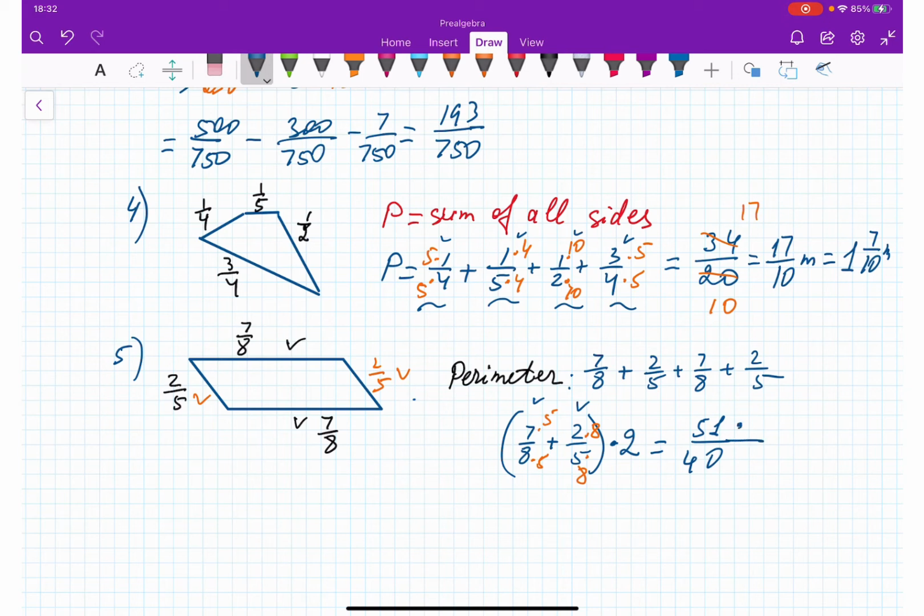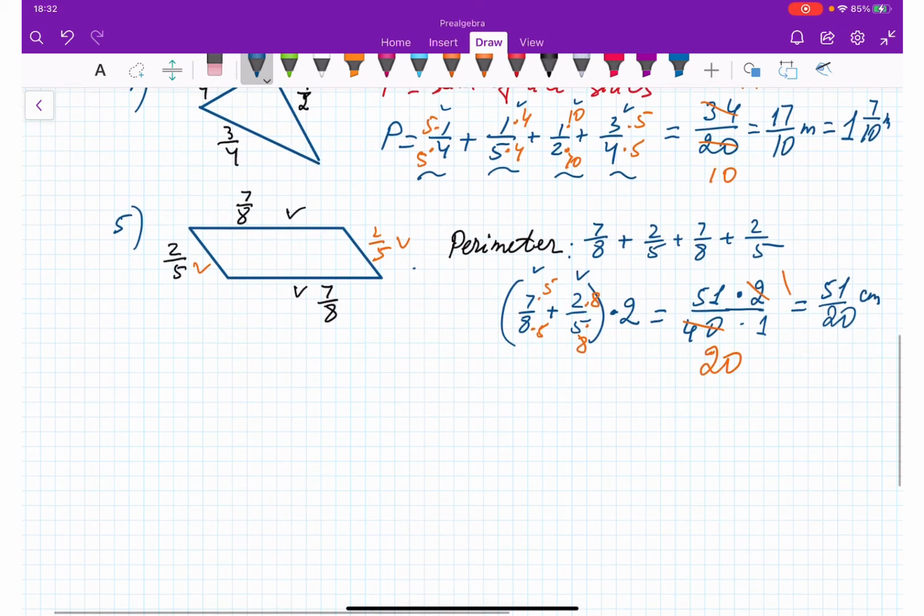When we do times 2, 2 goes to the numerator because we represent it as 2/1, right? 2 and 40, we can divide both of them by 2. And my answer is going to be 51 over 20 centimeters.